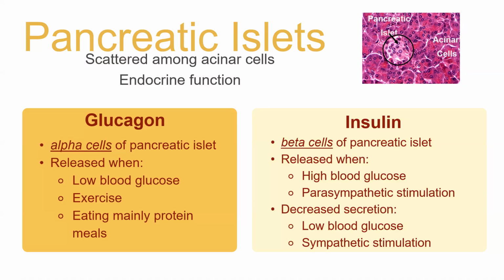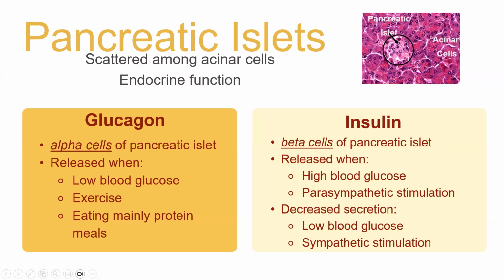We don't like to spare proteins and make those into glucose because we need proteins for a lot of other things. Insulin's the opposite. It goes with our beta cells, and it's released when we have a higher blood glucose, and it's also released when we have increased parasympathetic stimulation. Remember, rest and digest. So we're going to release insulin because that's our time to digest and suck up that energy that we just got from our food.